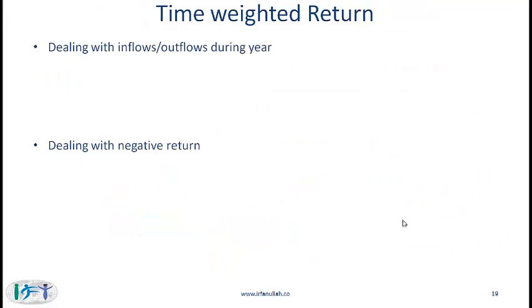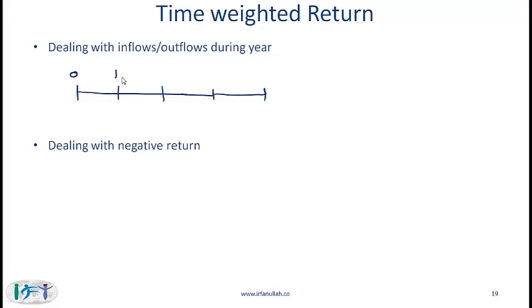So the time weighted return is 10.75%. Let us look at a few subtleties related to the time weighted return. The first one is how to deal with inflows and outflows during the year. In the example I just showed you, the inflows and outflows were happening at the end of the year. Let's say that we have inflows and outflows at the end of every quarter in a year.